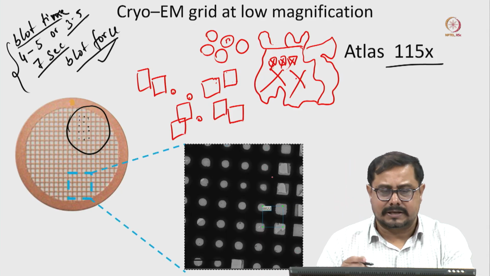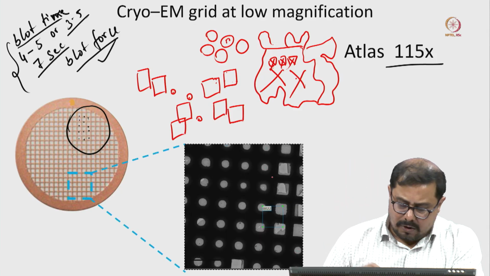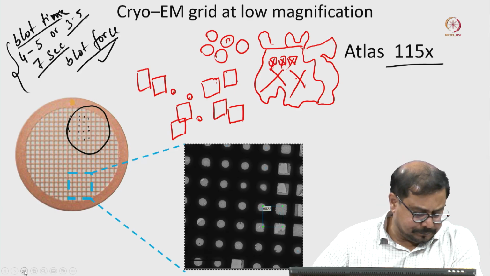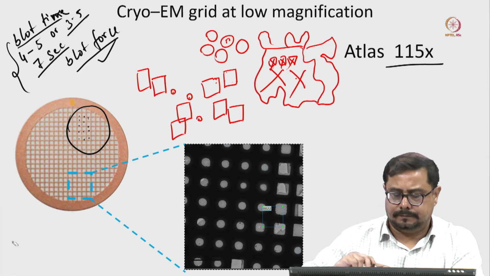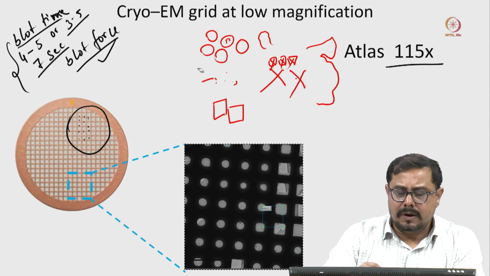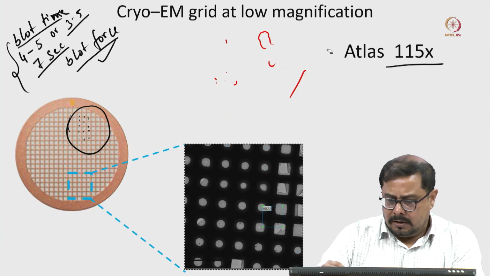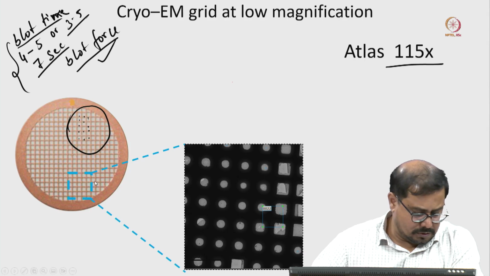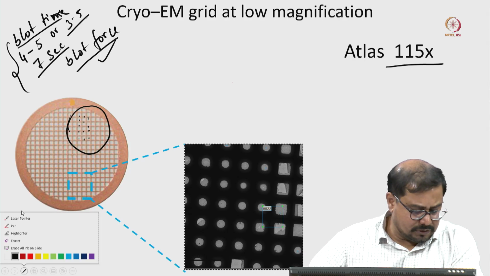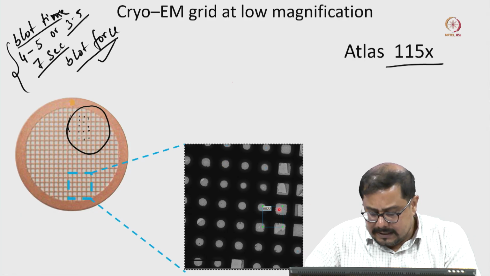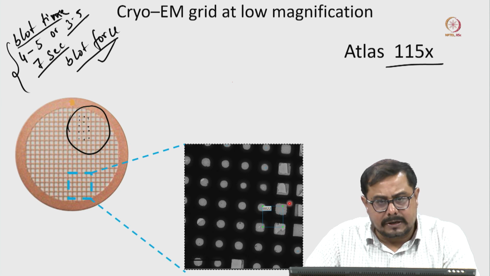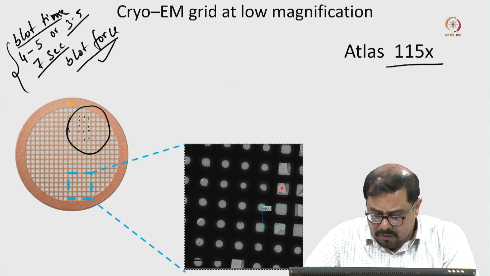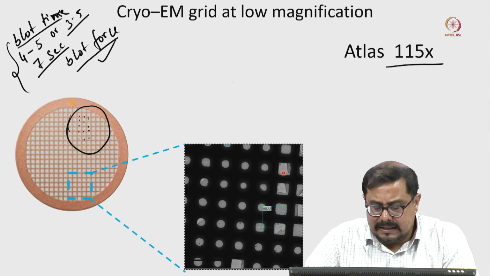Now if we go to the next square, in this next square you can see a proper square area, but there are a couple of squares, this one or this one or this one, where there is nothing inside.